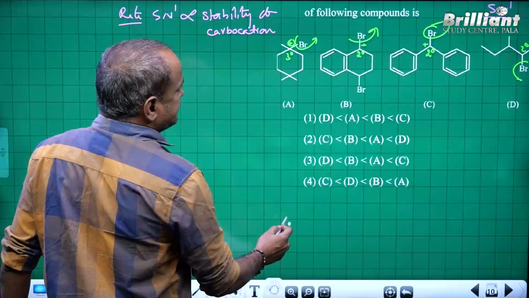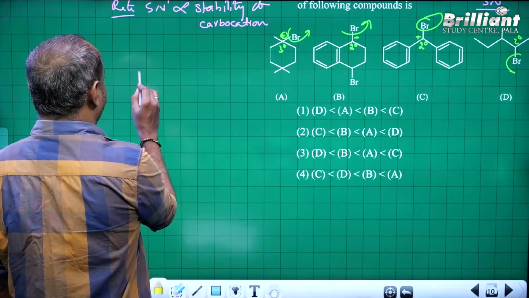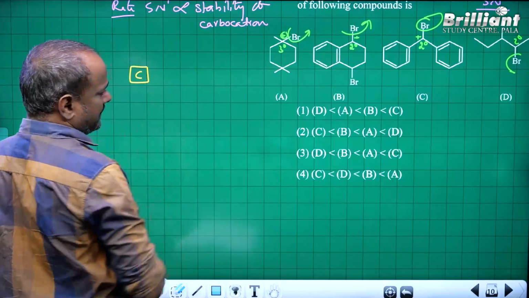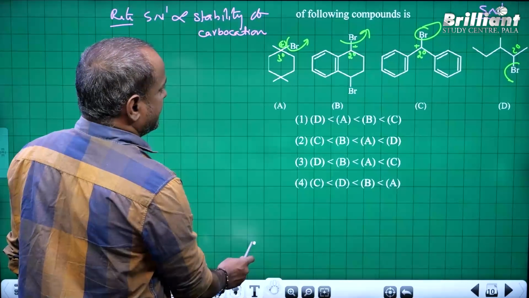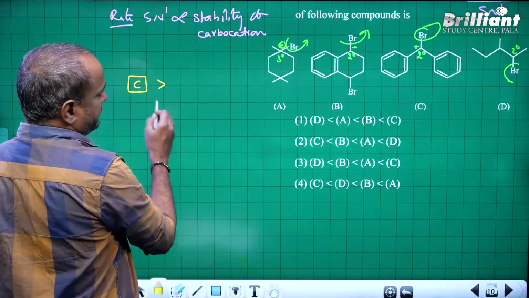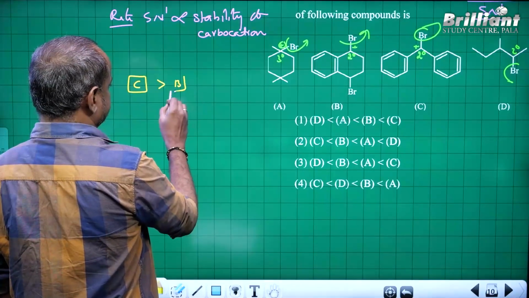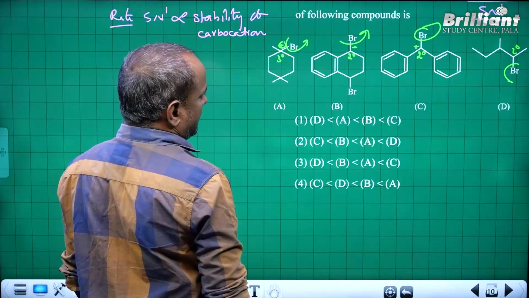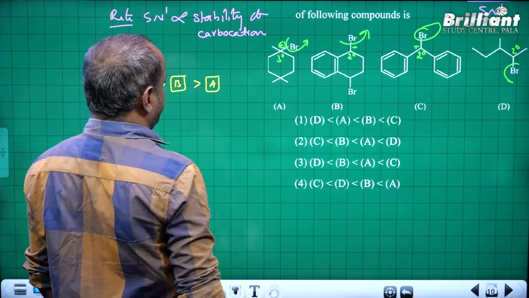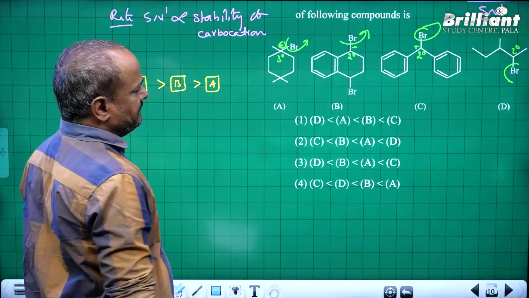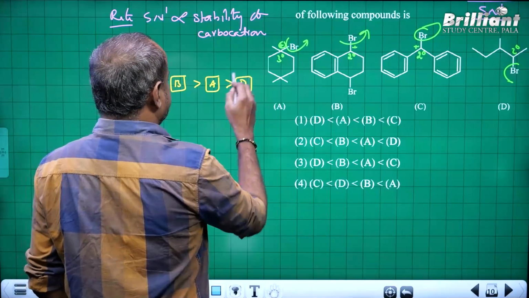So secondary benzyl is the more stable cation, because it is aromatic. It is more stable than secondary alkyl benzyl, which is more stable than A, tertiary alkyl, which is more stable than D, secondary alkyl.